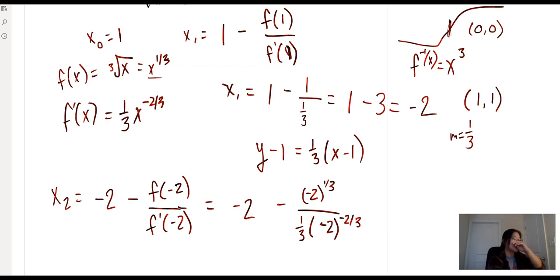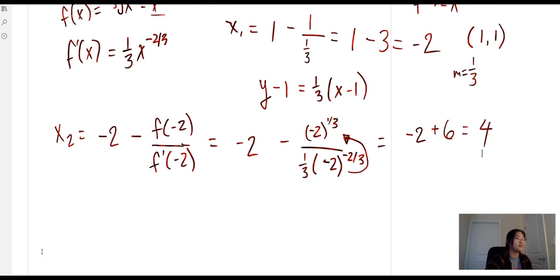And because these are the same base, we can do some math, so it's -2 minus, because this can go with that in the numerator, that's a +6. So then we get +4, which means that we have a super wonky line.